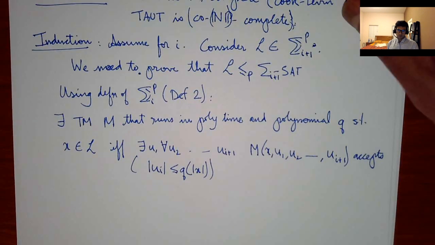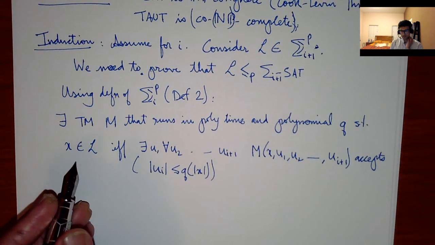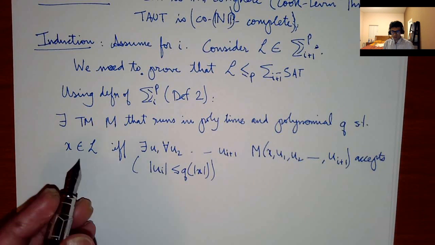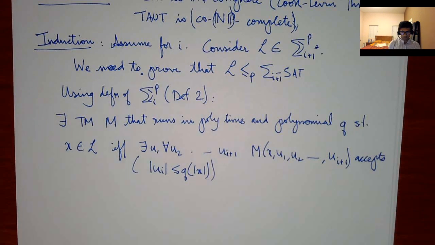I'm just rewriting the definition. So there exists this polynomial time machine such that there exists a u1, such that for all u2, and so on and so forth.